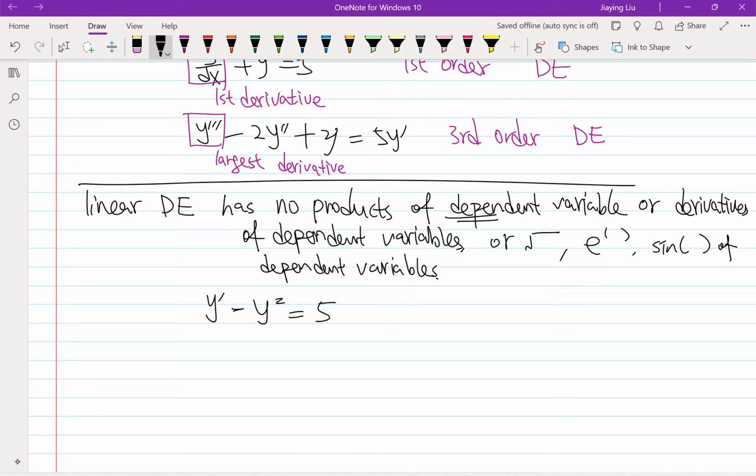So y is the dependent variable. This is y squared, so that's a problem. That's not a linear term. It's a quadratic term of the dependent variable, so this is not linear. Therefore, the equation is a nonlinear equation.